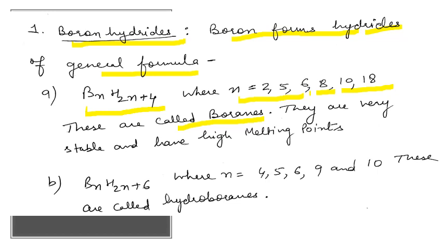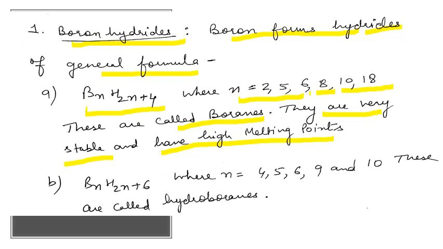They are very stable compounds of boron and have high melting points. Because of their stability, these compounds possess high melting points.